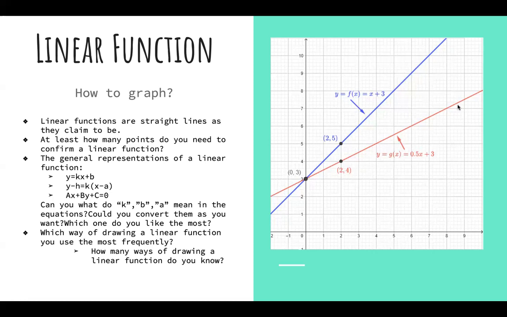In ax plus by plus c form, you can expand the first two equations to arrive at this equation. You can convert them however you like, depending on which equation you like the most.